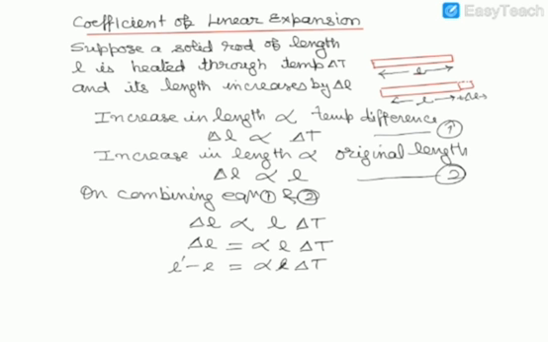L dash will be L plus delta L. So L dash equal to L plus alpha L delta T. So we take L common: L dash equal to L into 1 plus alpha delta T, where L dash is the final length.